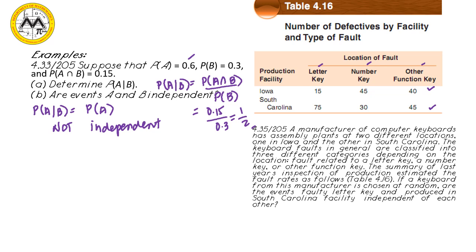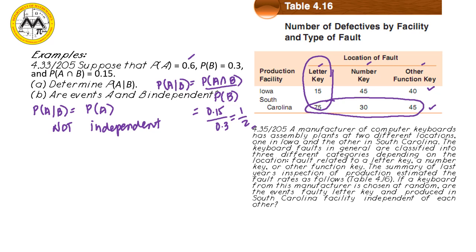If a keyboard from the manufacturer is chosen at random, are the events faulty letter key and produced in South Carolina independent of each other?